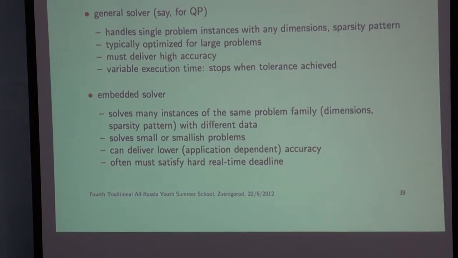So you can deliver 3, 4 digits of accuracy, more than enough, right? But the other thing is you have to satisfy a hard real-time deadline. These things stop either when they get bored, when they hit a maximum iteration count, or when residuals are smaller than some number. So you get variable execution time, which is completely unacceptable in a real-time embedded system. These things have to have a hard deadline.